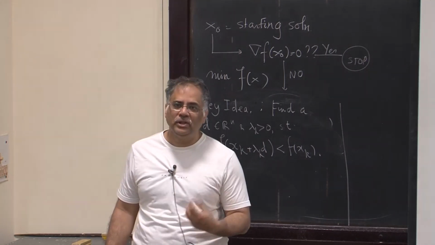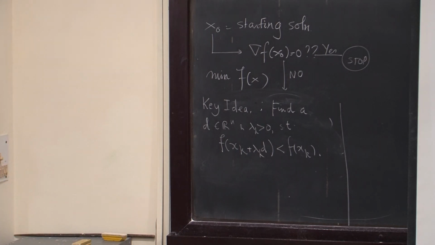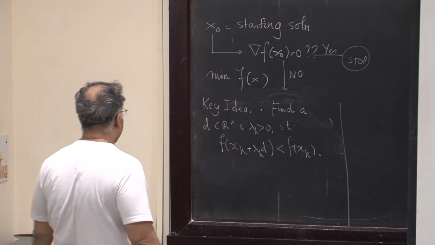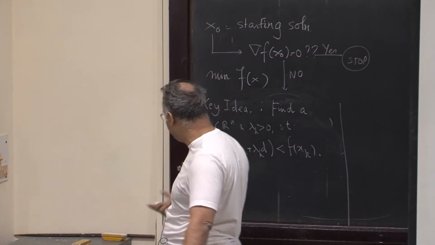So what should be the choice of d so that this happens? One choice, a very important choice, is the negative of the gradient itself. Let me tell you why.